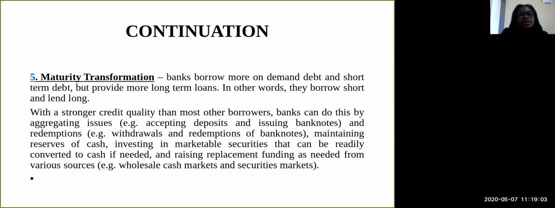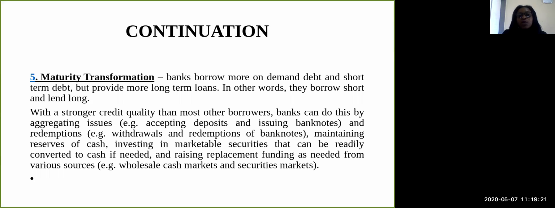So the last function we have here is maturity transformation. Banks borrow more on-demand debt and short-term debt, but provide more long-term loans to their customers. In other words, they borrow short and lend long.